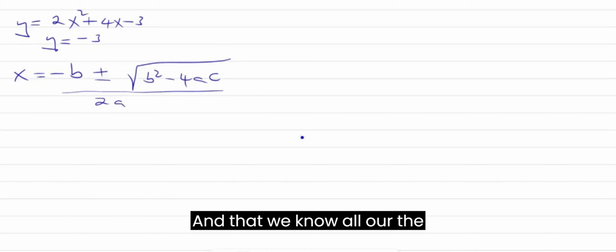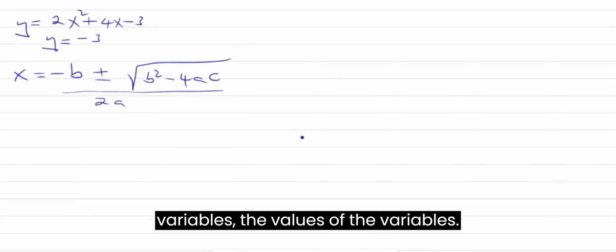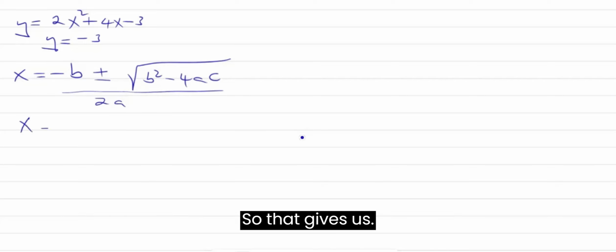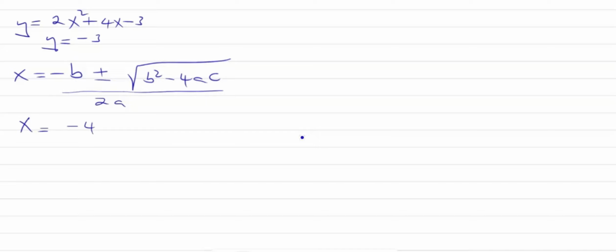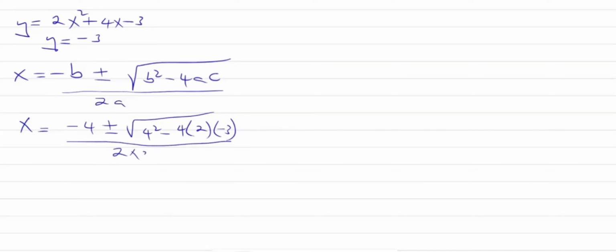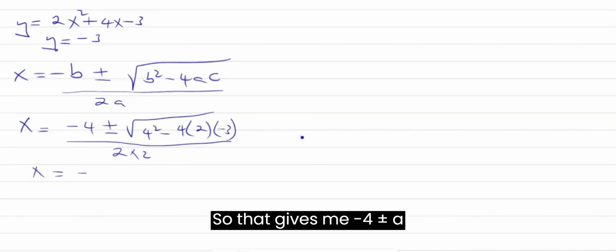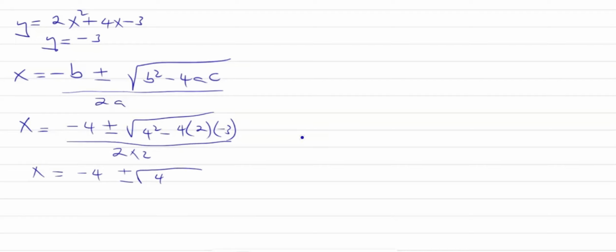And we know all the values of the variables, so that gives us -4 plus or minus, that's 16 plus 24, that's 40 over 4.